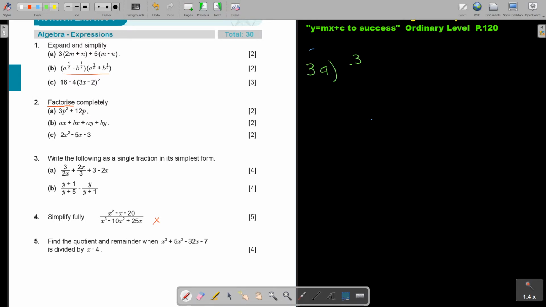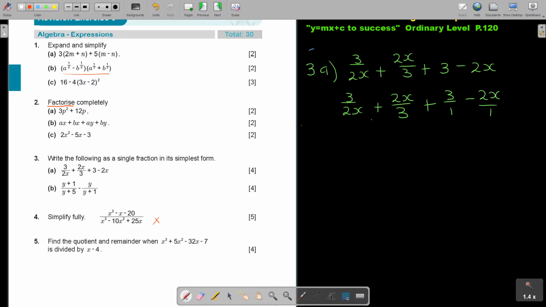Okay, so it's 3 over 2x. Remember, this is an expression. I could have already written this first step, but I always tell students first make everything fractions. You could have done it already in the first step. Then find the LCM.